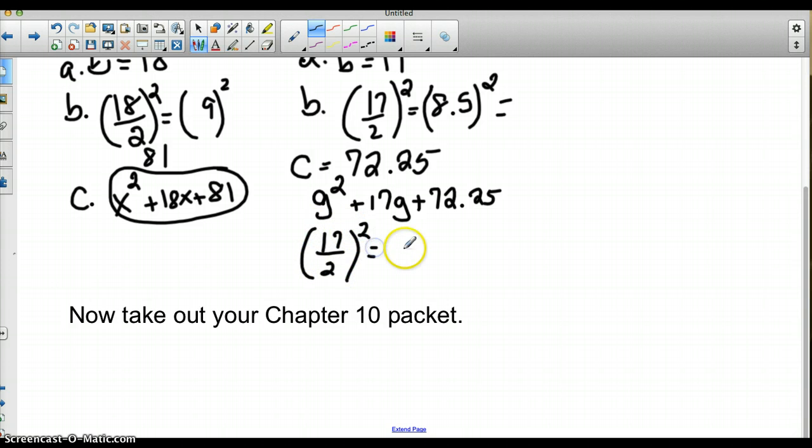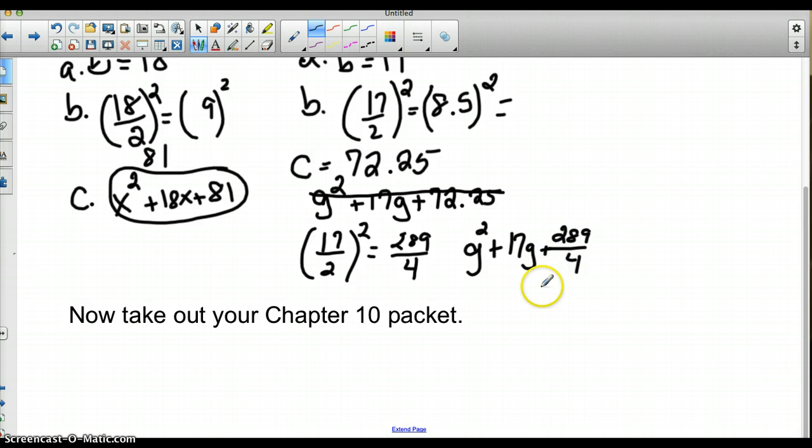That means square the numerator and square the denominator. So 17 squared is 289, and 2 squared is 4. You should leave it in this form because it's going to make your life easier later. So you're going to want to write it as g squared plus 17g plus 289 over 4. If you wrote it the other way, write this down now.